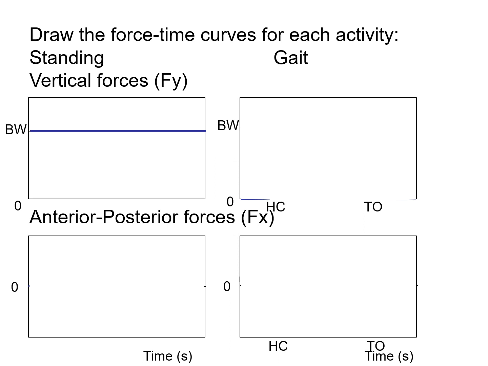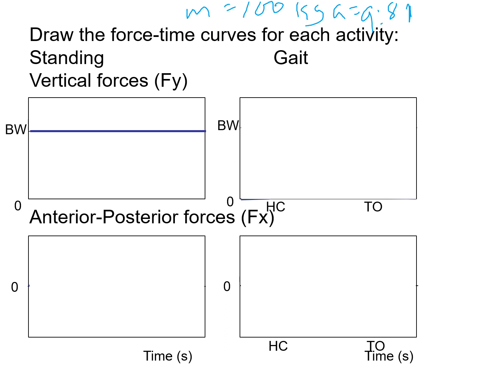If somebody weighs 100 kilograms, let's say their mass equals 100 kilograms, okay? And acceleration due to gravity is 9.81. 100 times 9.81 would give us 981 newtons.